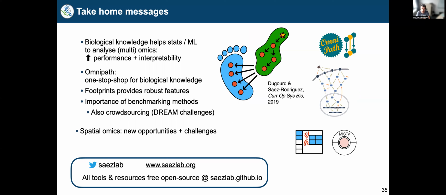We really think benchmarking is really important. I showed you a couple of examples, but it is also important for the community to do this together as part of crowdsourcing efforts, which is a very valuable strategy, and we're part of the DREAM Challenges that follow this strategy. And finally, at the end, I showed you how spatial omics is really interesting, but there are also very cool challenges for computational people like us.